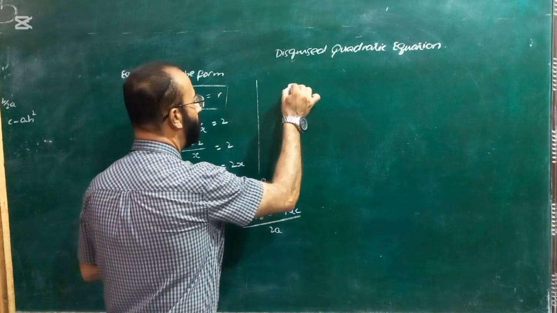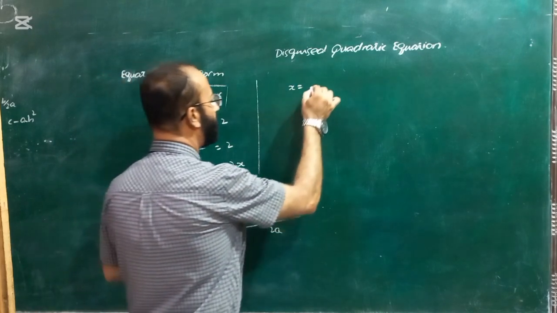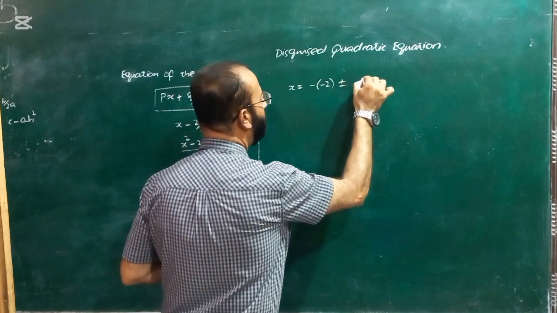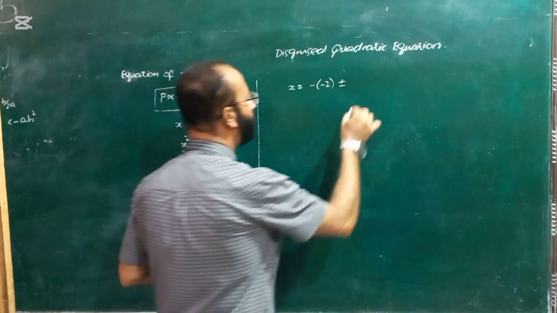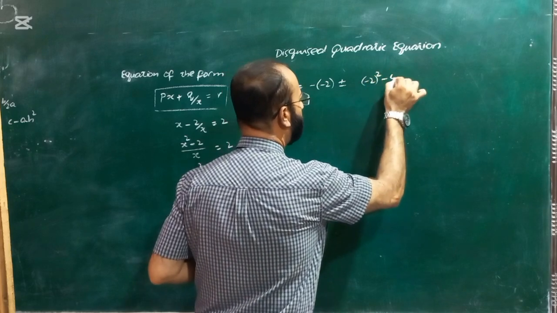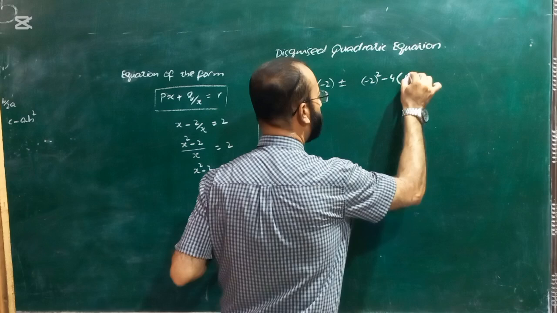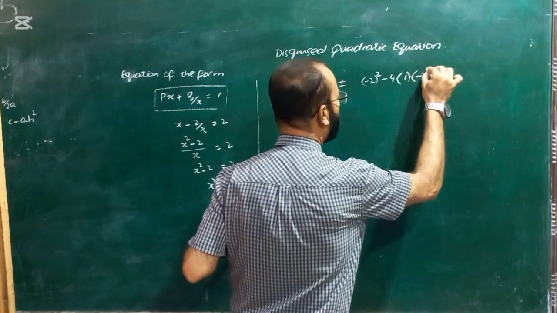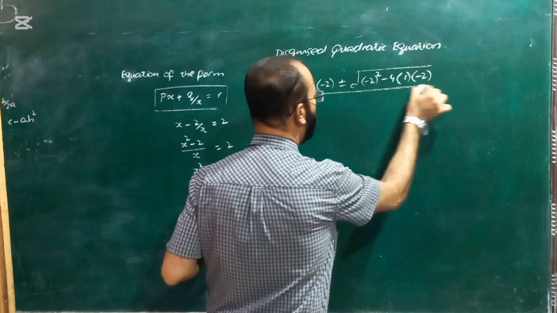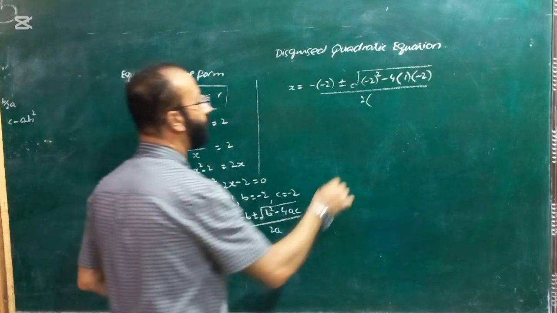So x = -b, so -(-2), plus minus the square root of b^2, so (-2)^2, minus 4ac, where a is 1 and c is -2, all divided by 2a, and a is 1.